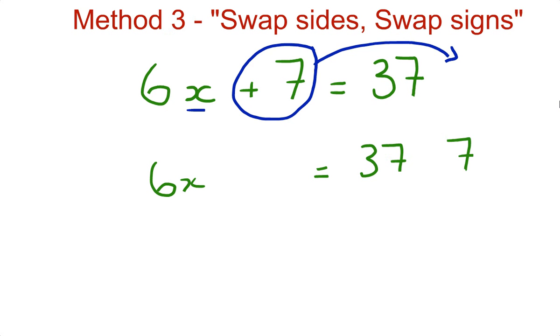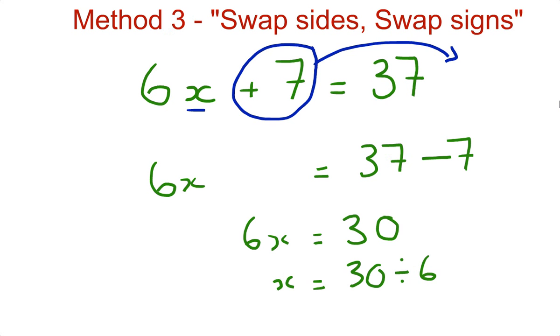And instead of it being a plus sign, because it has to swap the sign, it now becomes a minus. 37 minus 7 is 30, 6x is 30, so x equals 30 divided by 6, which is 5. Again, it's a nice simple method, but it does get confusing when we bring in x's on both sides.